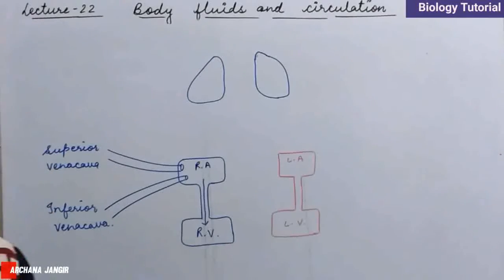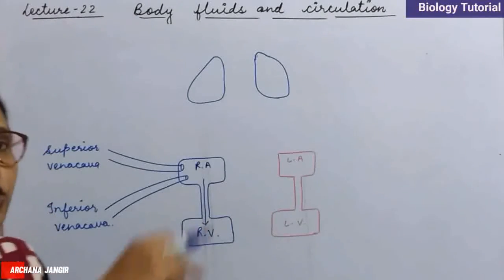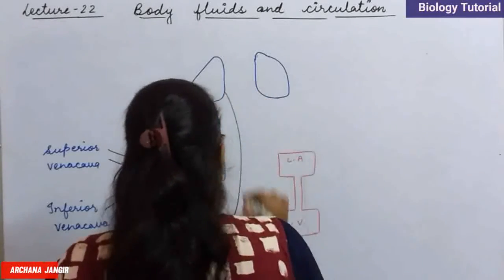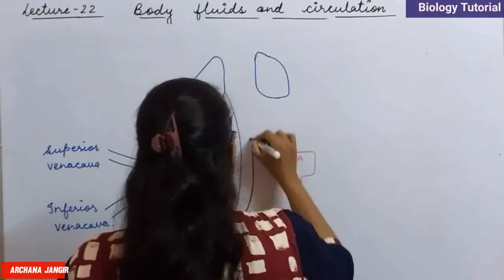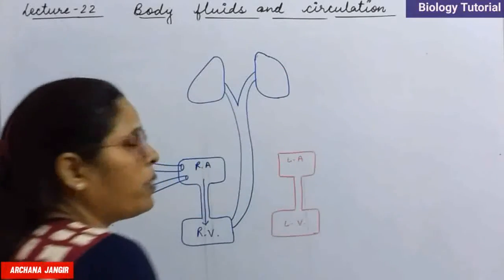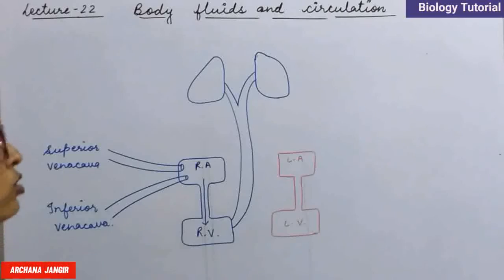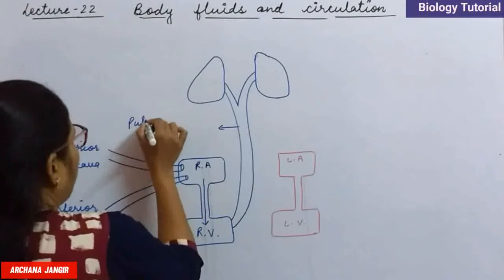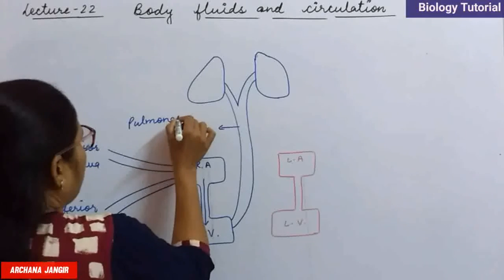From the right ventricle this blood goes into both of the lungs. So here this blood goes into both of the lungs through the pulmonary artery. So this is the artery which is called the pulmonary artery.